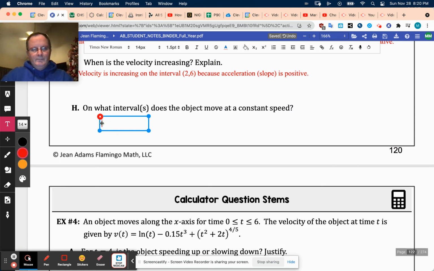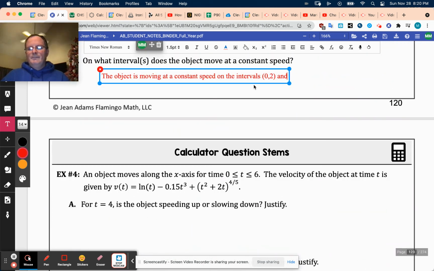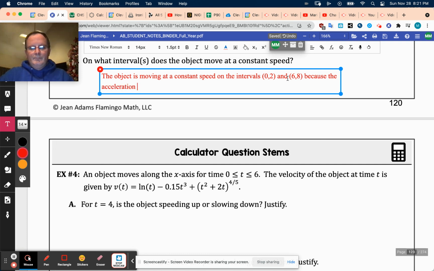Okay, the object is moving at a constant speed on the intervals 0 to 2 and 6 to 8, because the acceleration, slope, is 0 on those intervals.